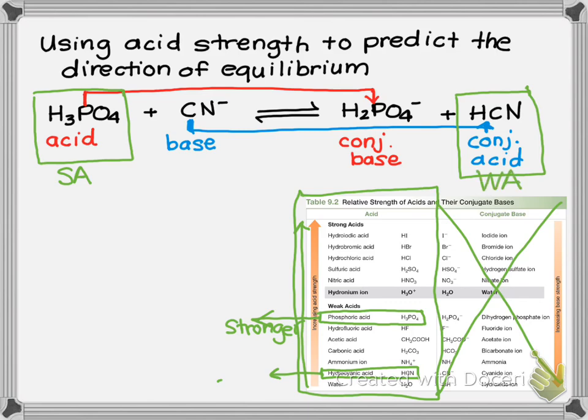And the rule is, because the stronger one really wants to react, the side that's favored is the weaker side of the reaction. So the weaker acid is on the favored side.